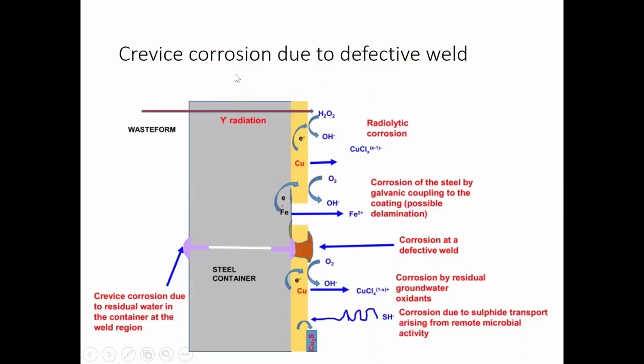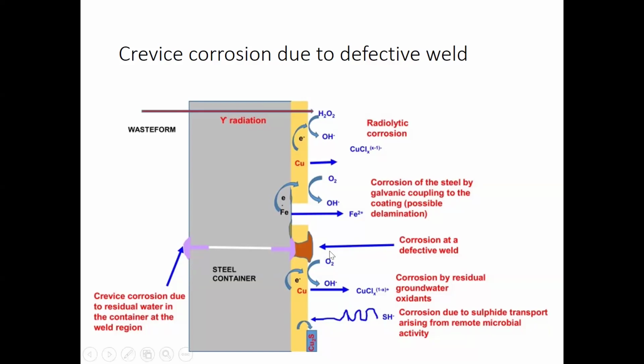So what does that end up looking like in terms of a defect within the actual weld? If you have either of these two types of corrosion occurring, corrosion will likely progress quite quickly in ways that will likely lead to the failure of the canister.